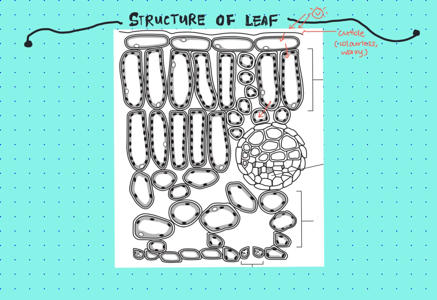Okay, the second one is this layer that we're looking at. I emphasize to you that this layer here is called the palisade mesophyll. The cells are identified by their shapes. So you can either call this the palisade mesophyll layer or the palisade mesophyll cells.